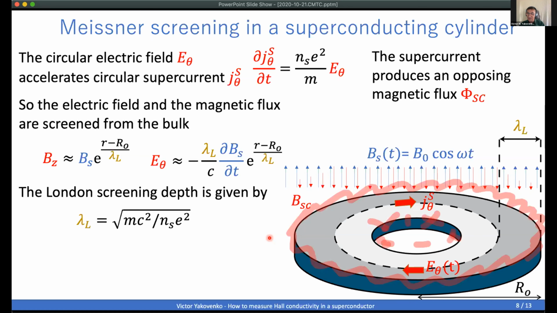So what happens is there will actually be bulk charge here. There will be positive charge on the outer edge, and the negative charge will be distributed within the Meissner length. So in other words, you have some kind of charge polarization, a separation of charges happening within the Meissner length.